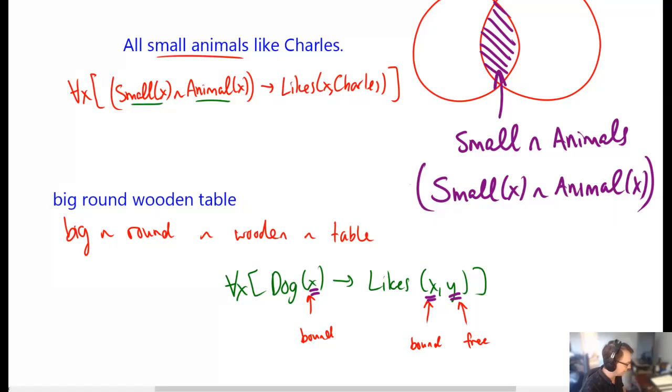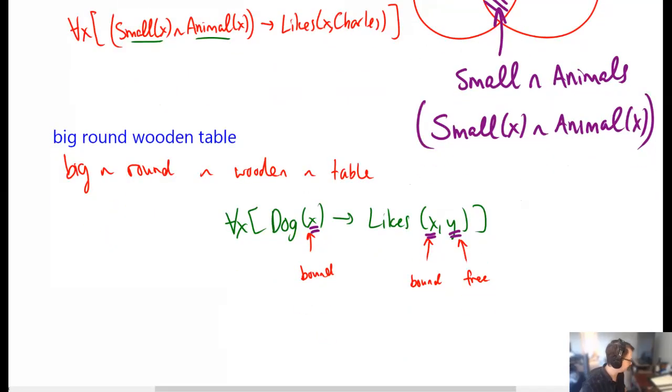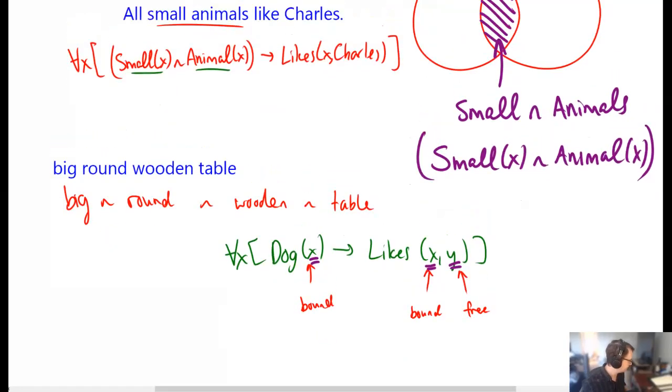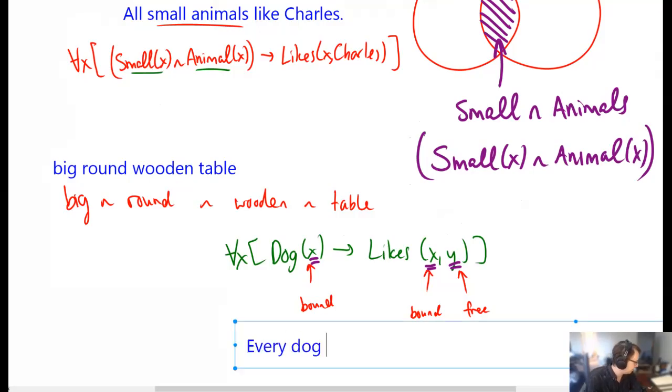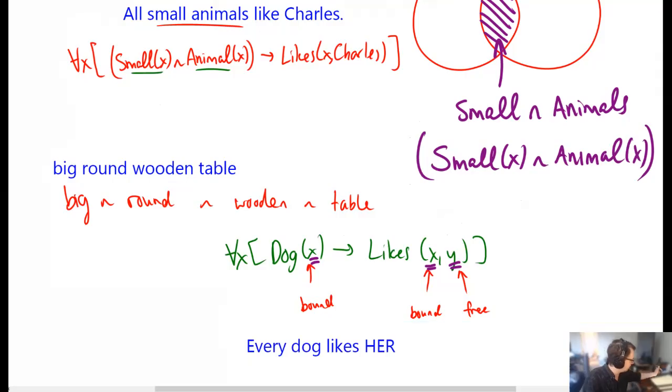So you'd say that Y in likes is free. This would be a sentence like every dog likes her, where her or him or it is some other individual in the universe. It's some free variable.